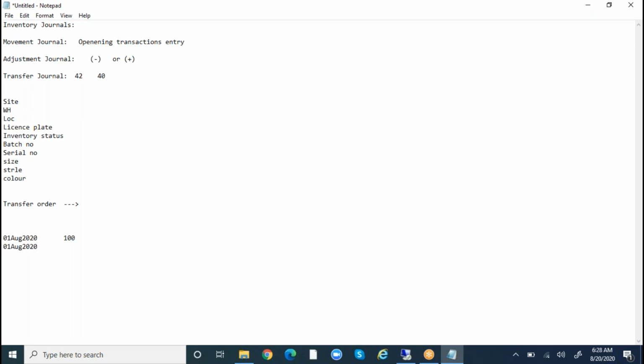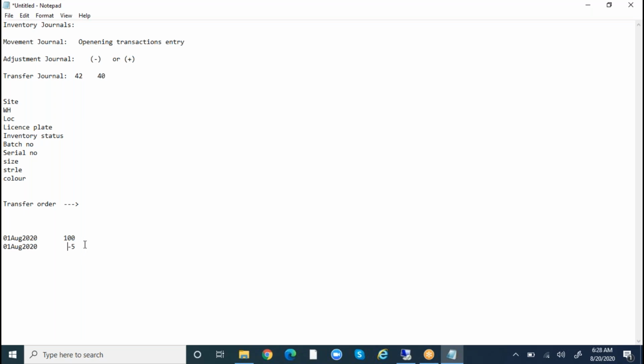As I told you, it is impossible. Any global ERP system will not allow you to modify a transaction once it is posted. Then what I have to enter is like this. If I'm opening a report from August 1st, it will show 100 minus 5.